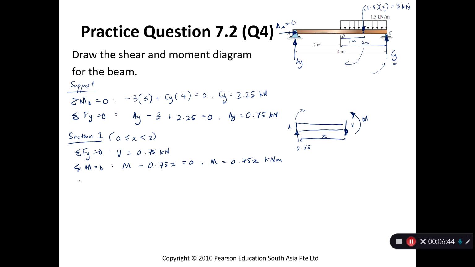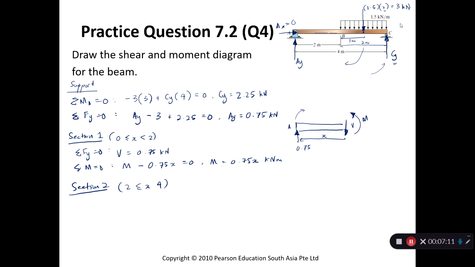Okay, so for the next section, section 2, this is between 2 and all the way until the end, so that's 4. Okay, so what we have is, okay, this is a little bit unique. We are still going to treat the distributed load as distributed load first.